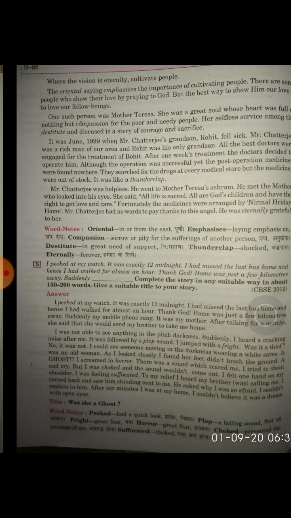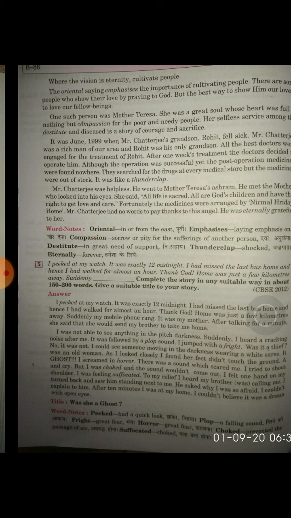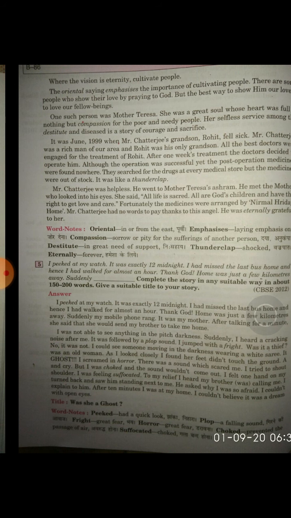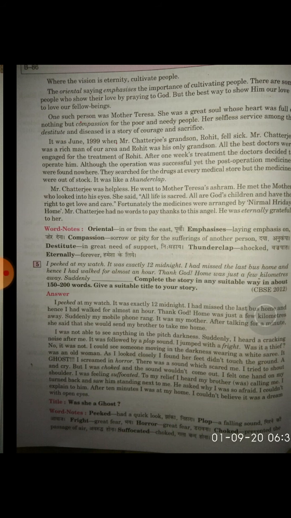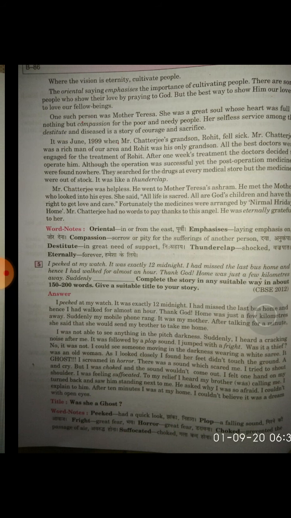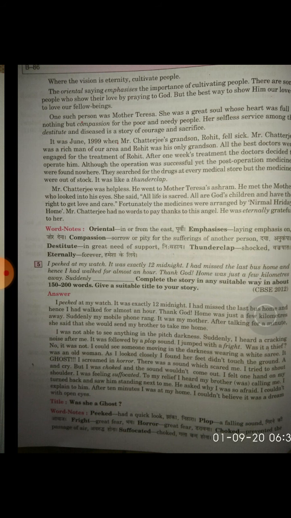After 1 week of treatment, the doctors decided to operate on him. Although the operation was successful, yet the post-operation medicines were found nowhere. They searched for the drugs at every medical store, but the medicines were out of stock.